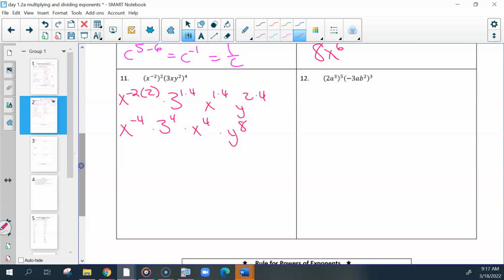It's kind of like distributing stuff on the outside. And so we have like bases that we need to combine, and then you need to move the 3 to the front. So this would be x to the negative 4 plus 4 times y to the 8.